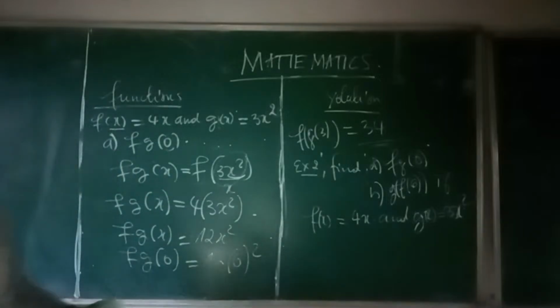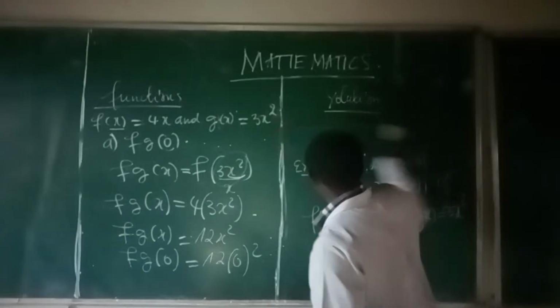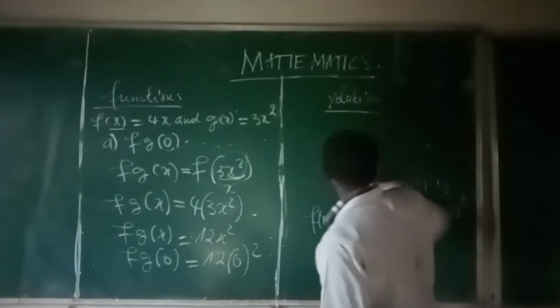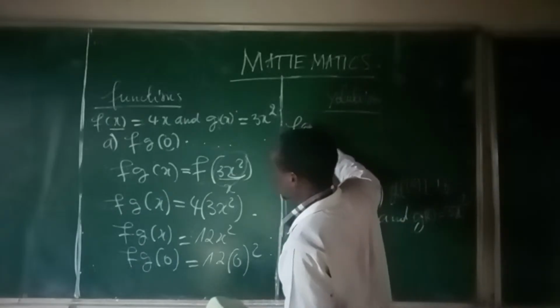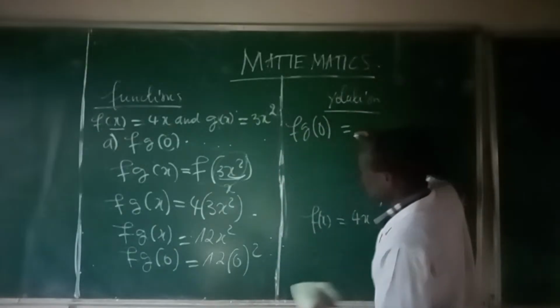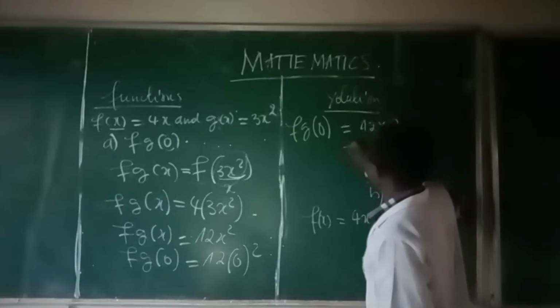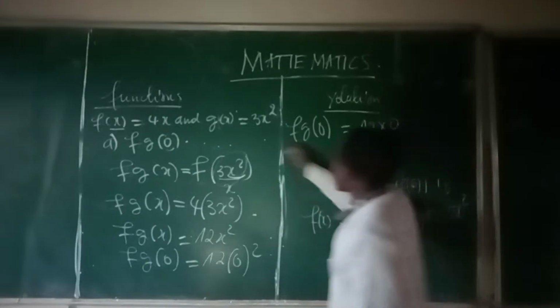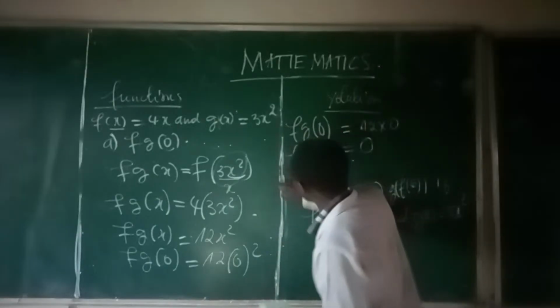Finally, f of g of 0 is 12 times 0, which is equal to 0. Then f of g of 0 is equal to 0.